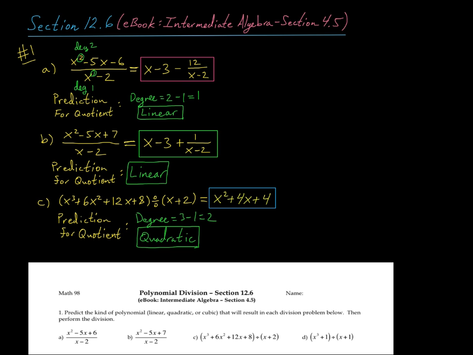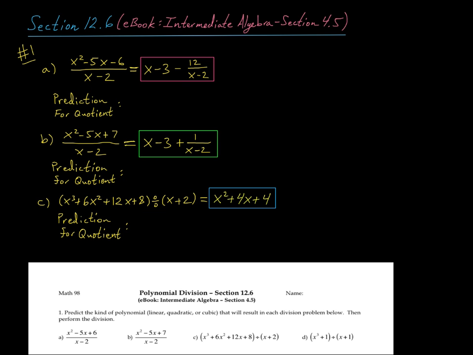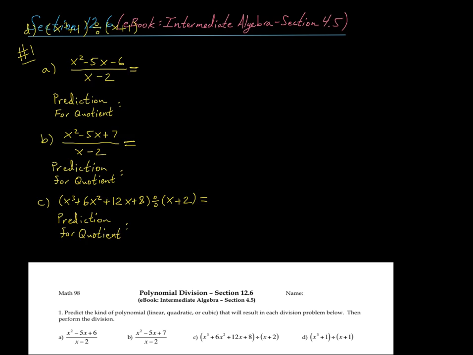Okay, so now I do want to work through part D in full detail because there's something a little different in D that we haven't seen before. And so what are we doing? Well, we have x plus 1 as our divisor. And this is dividing into x cubed plus 1.